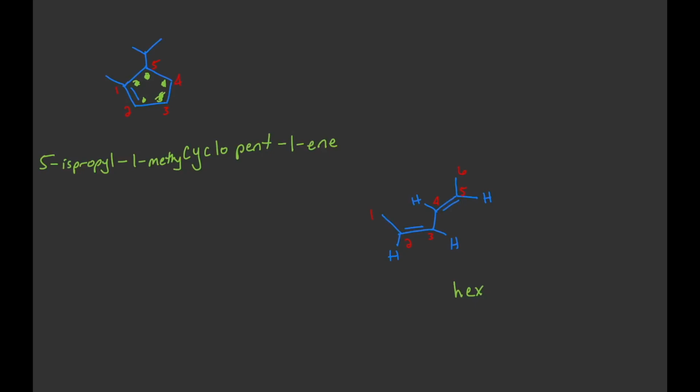Now, we have a diene here, we have 2 alkenes. That's referred to as a diene in a molecule. So to make the name roll off the tongue better, we will add an A after our hex, and this will make the name flow just a little bit better when we say the name.